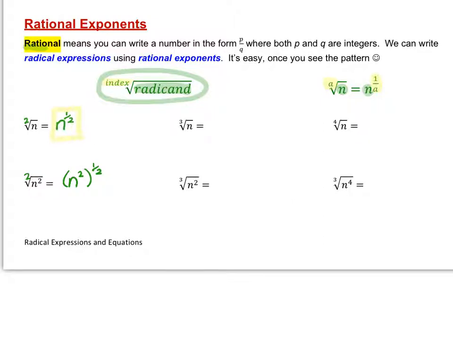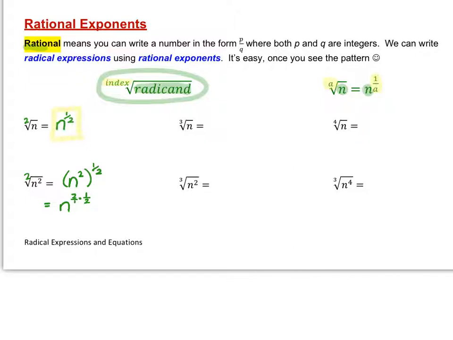Now we see something that we can use our exponent rule, where we're raising a power to a power, so we multiply our exponents. And we have n squared raised to the 1/2 power. That means we're going to have a base of n, and we're going to multiply the exponent. So 2 over 1 times 1 over 2.